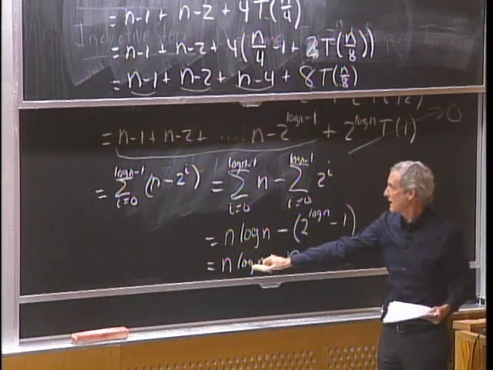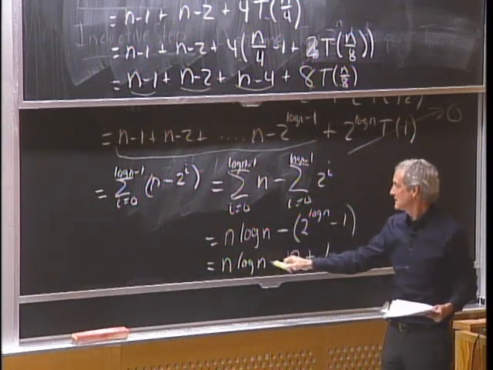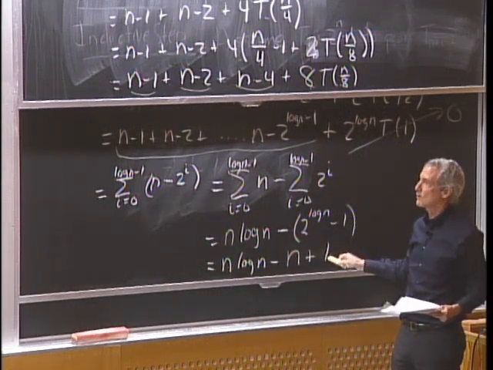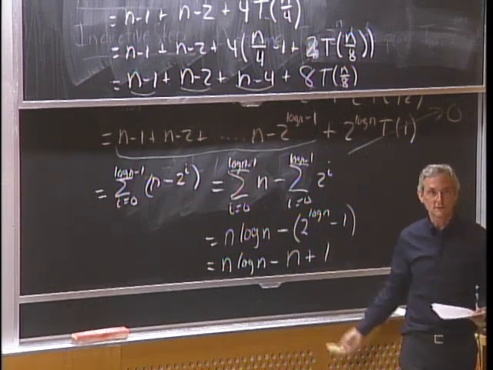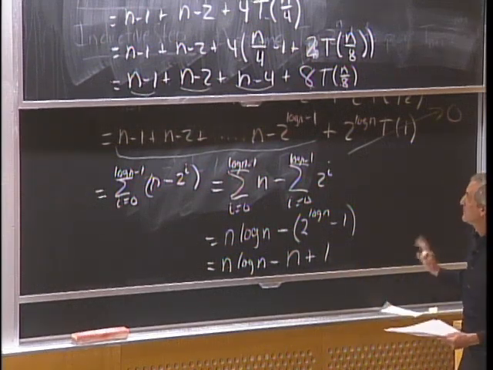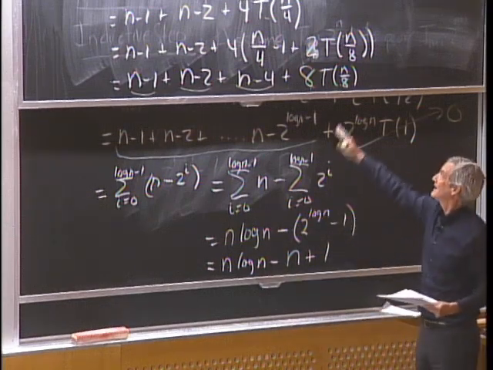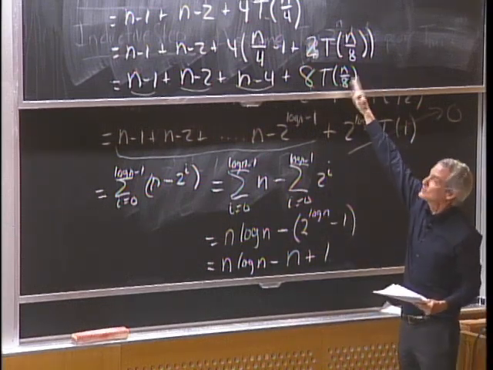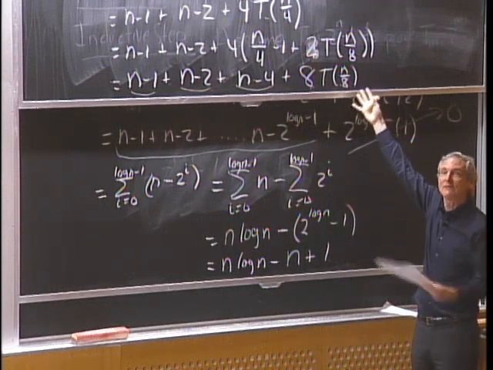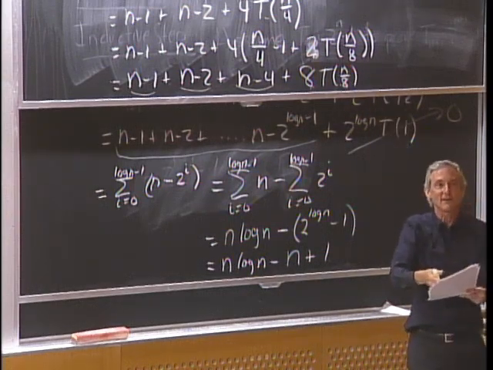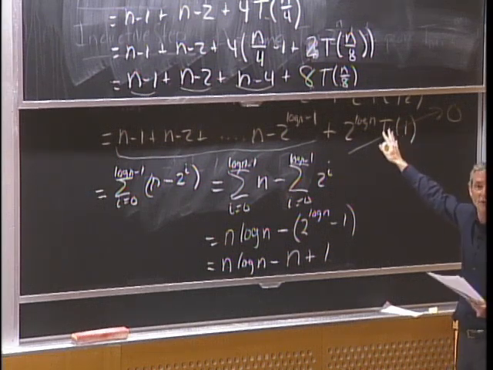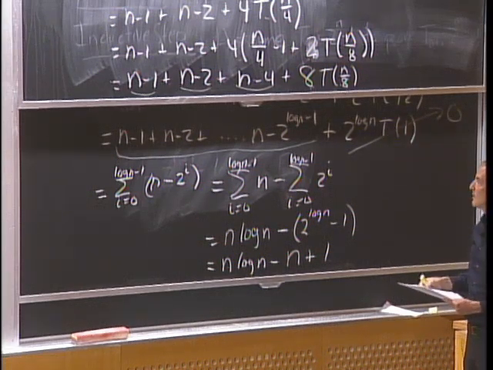Plug in 4: I get 4 log 4 is 8, minus 4 is 4, plus 1 is 5. So it works for those examples. Now, to be really careful, we should prove it by induction, because when you do enough of these equations, you make mistakes, like I invariably do, even up here. And even though it's written down here, I'll make mistakes writing it on the board. And so you want to check by induction.